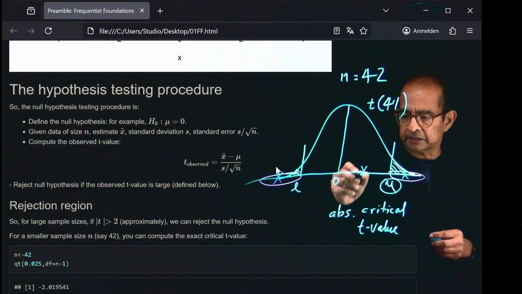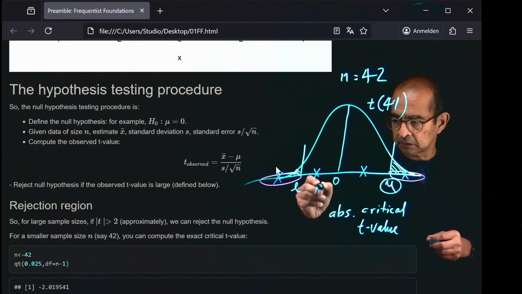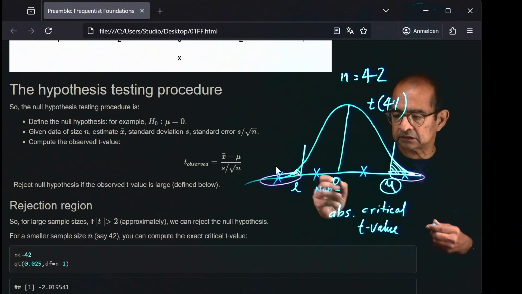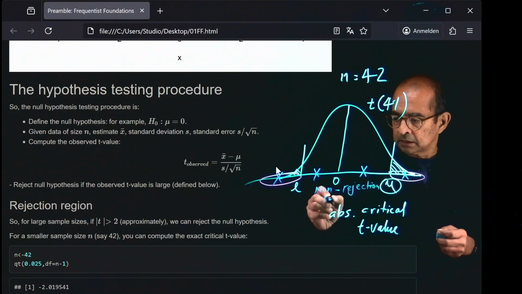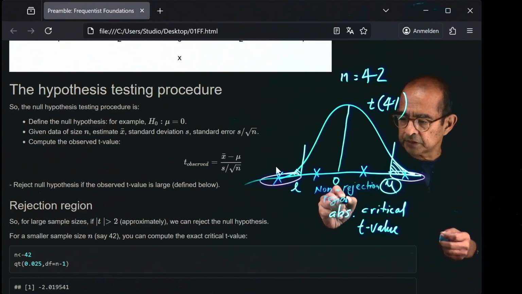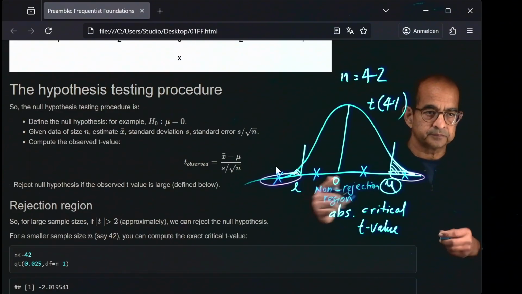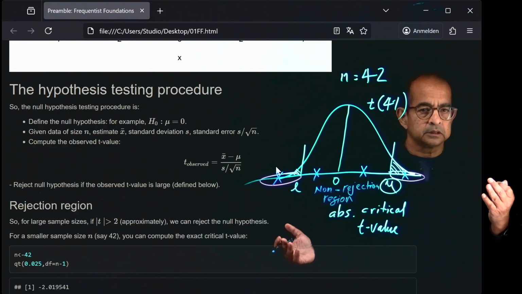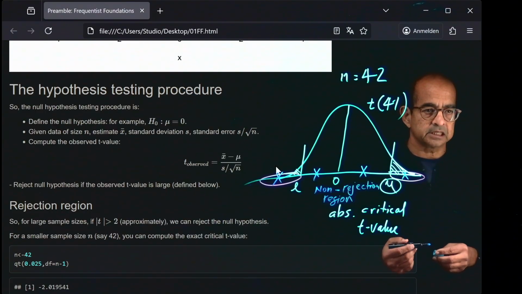If my observed t-value lands anywhere within this non-rejection region, I'm just making this terminology up, so it's not standard terminology, then I would fail to reject the null. That's the basic logic of the t-test and, more generally, the null hypothesis significance test.